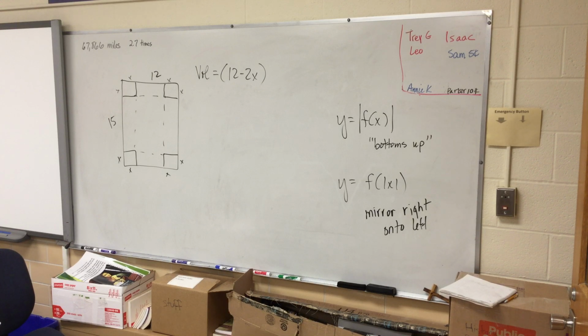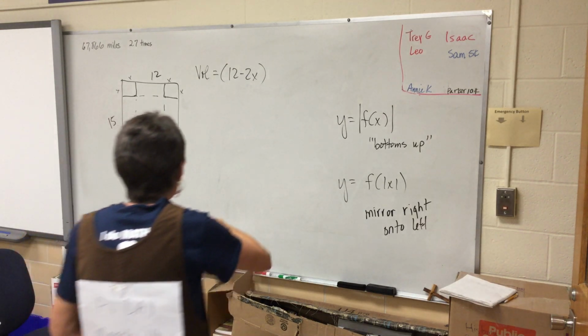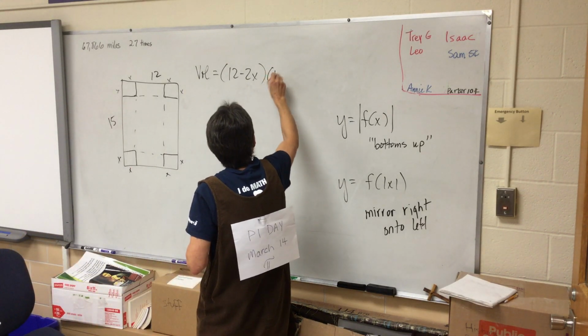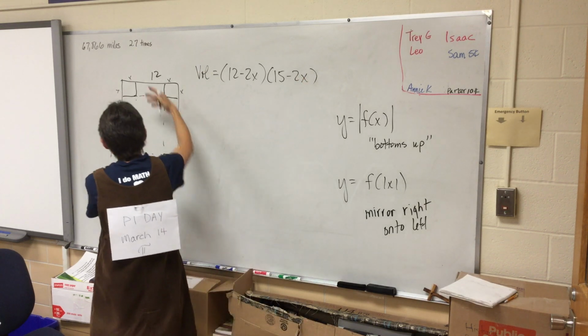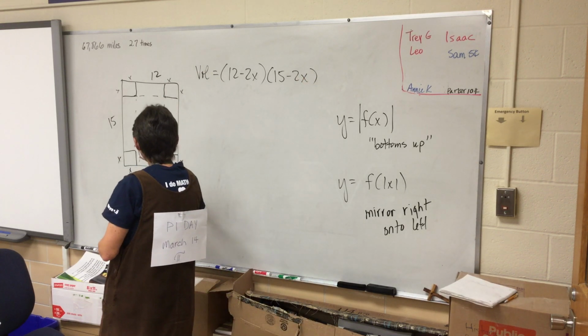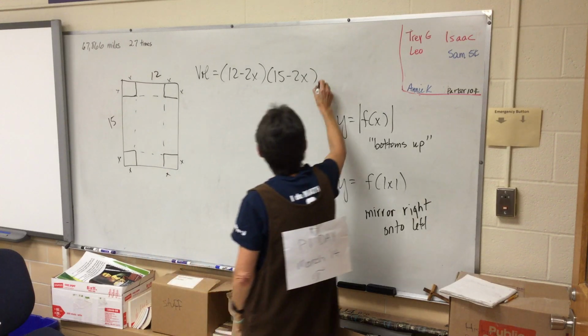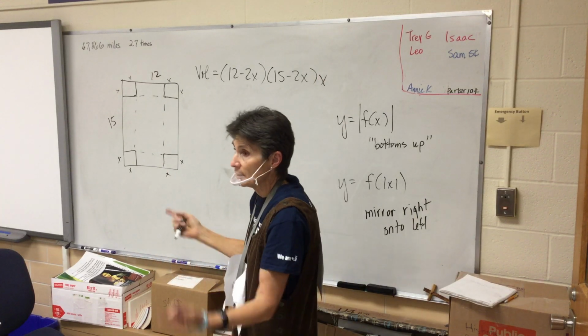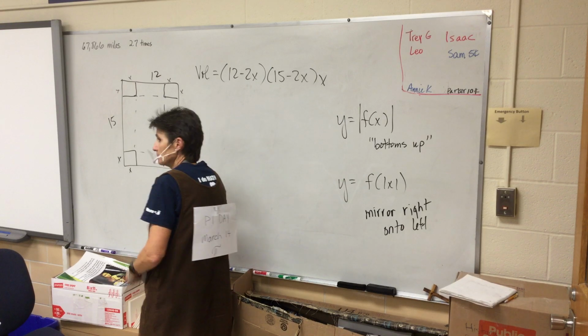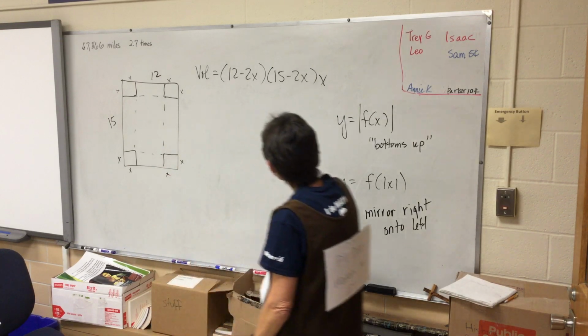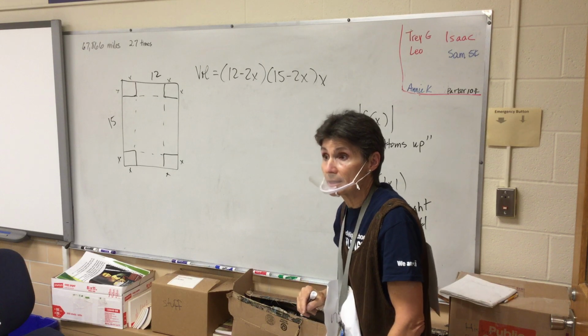What's the length of the new box? 15 minus 2x. And then remember, you're folding up these flaps. So what's the height of the box? Just x. This comes up, it's x. So there is your equation for the volume of the box.